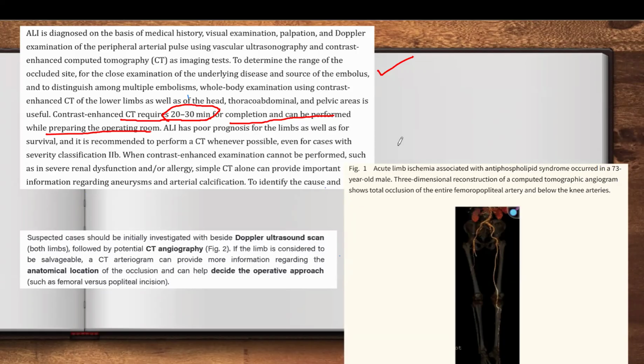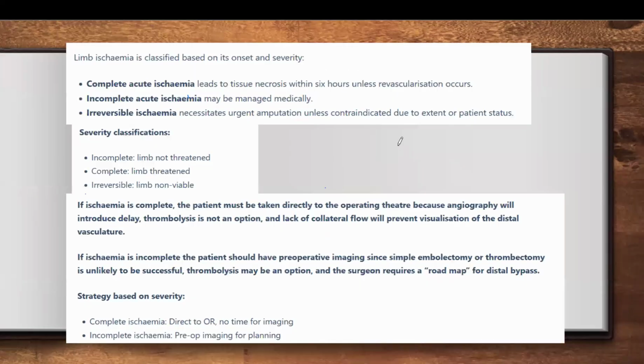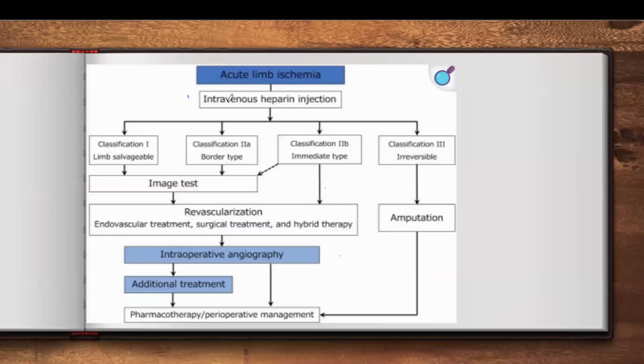Okay, let me tell you this one. You can see here limb ischemia happened and we have given heparin in the resuscitation. After that, if the limb is salvageable or viable, we are doing the imaging. You can do the CT angio here. If it is borderline or marginally threatened, the second category that we mentioned, again we are doing the imaging.